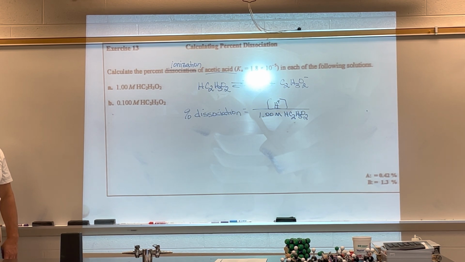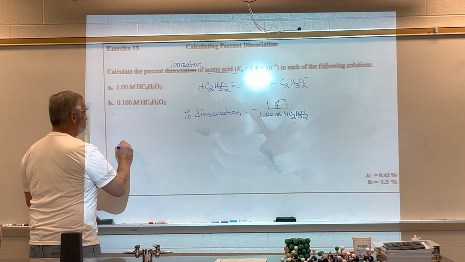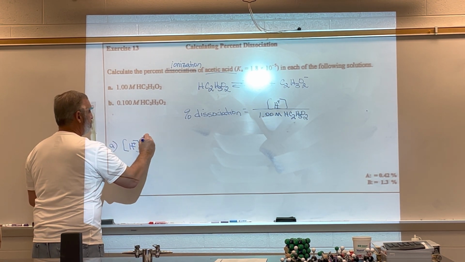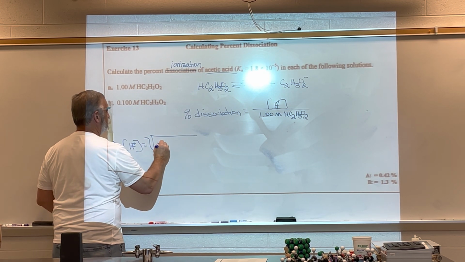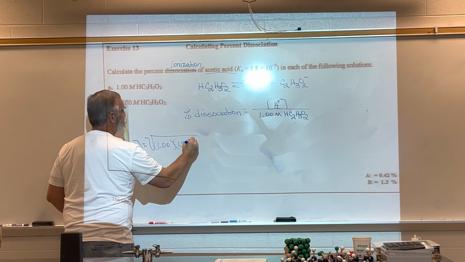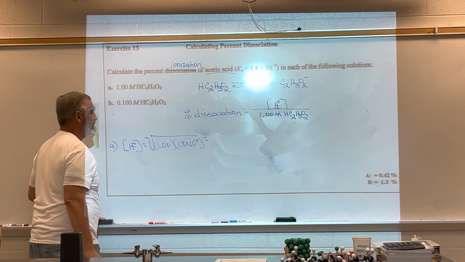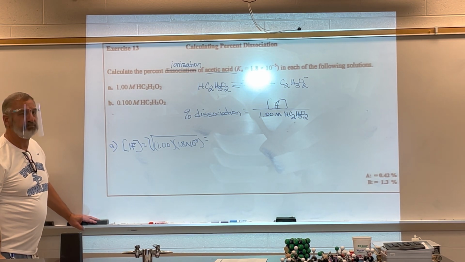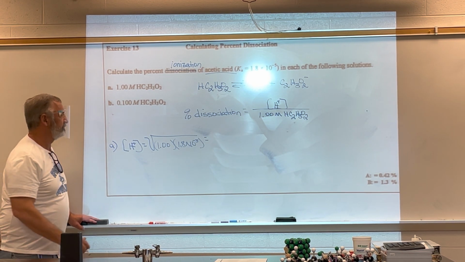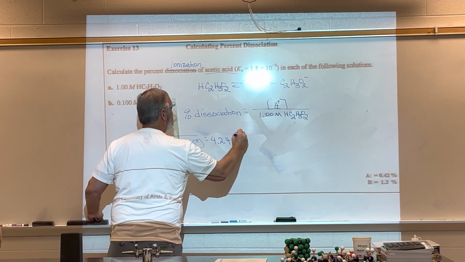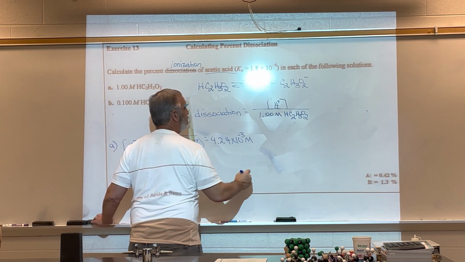So how do I find my H plus? Well, we can go straight to the square root of 1 times 1.8 times 10 to the minus 5. Times 10 to the minus third, okay?